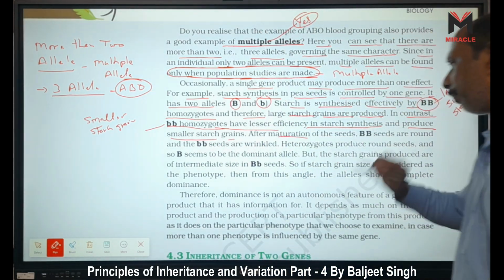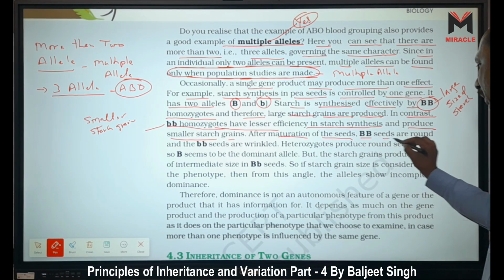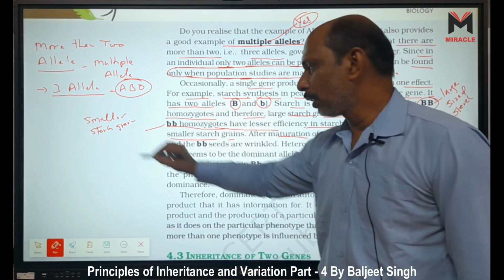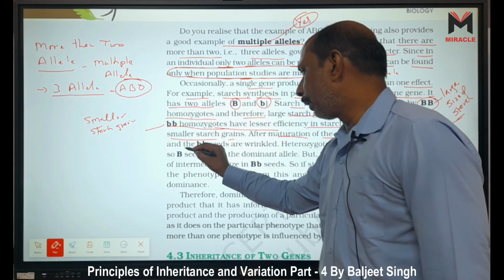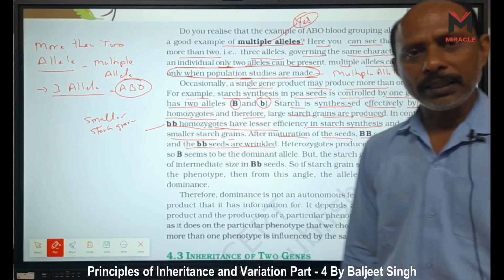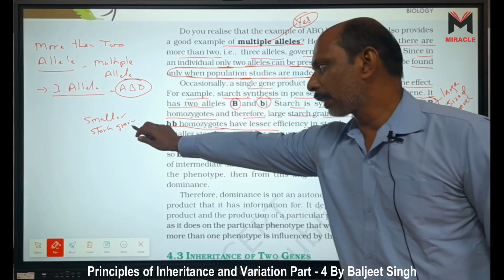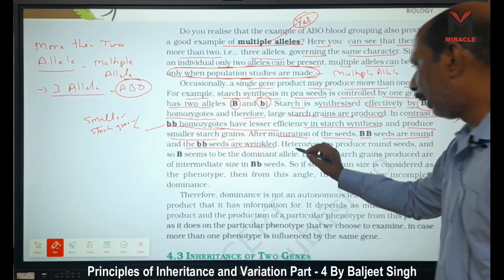After maturation of the seed, capital B seeds are round because large sized starch grains are formed, and small b seeds are wrinkled because more water is there and smaller size starch grains are there. So it becomes wrinkled.